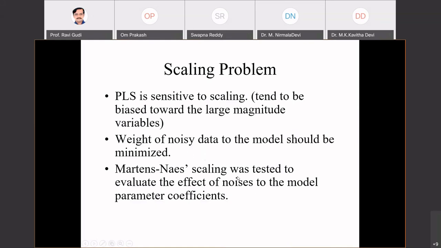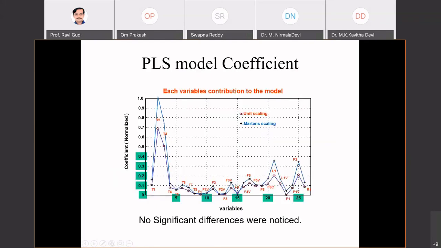We tried some scaling methods to remove noise and the like, but basically, the scaling method, the noise typically influences the PLS model coefficient. You can see that the circles are the unit scaling, whereas the pluses are the other scaling. Unit scaling gave much reduced noise variances than the other scaling. But anyway, it was not so significant.